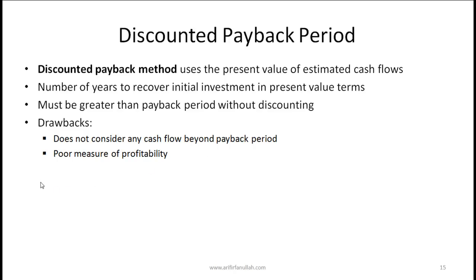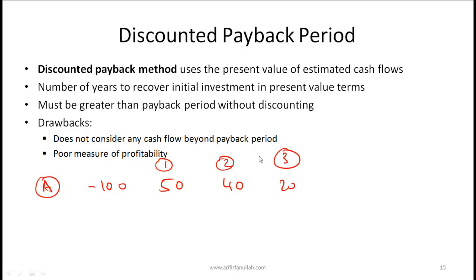So very briefly again, if we look back at project A, where you invest 100 and then you get 50 in year 1, 40 in year 2, and then 20 in year 3. Then to calculate the payback period, rather than simply using the undiscounted cash flows, we take the discount rate.